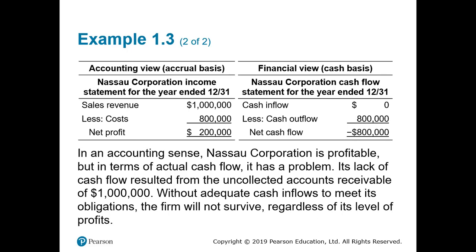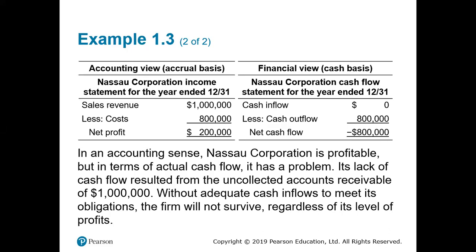In accounting sense, the company is profitable because you can see there on the income statement the net profit. But when you look at the cash flow, it is negative. So it can only be positive the moment we collect the 1 million.